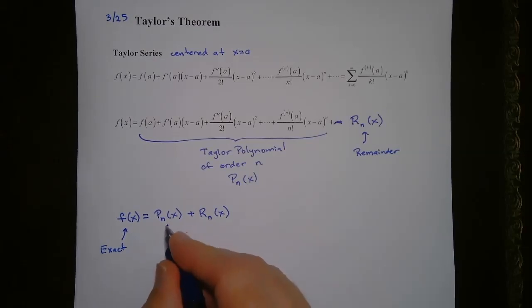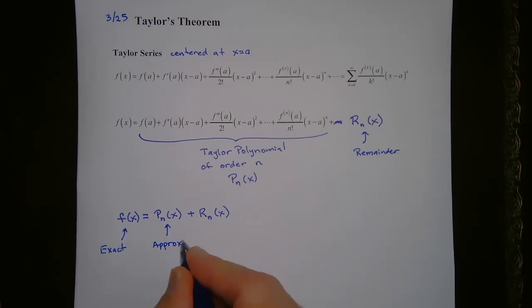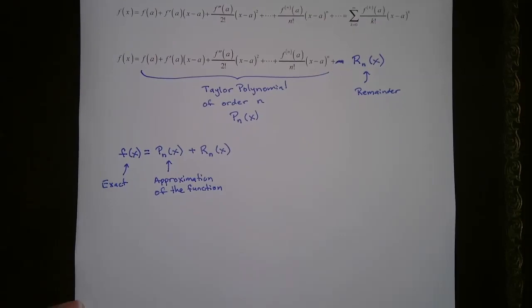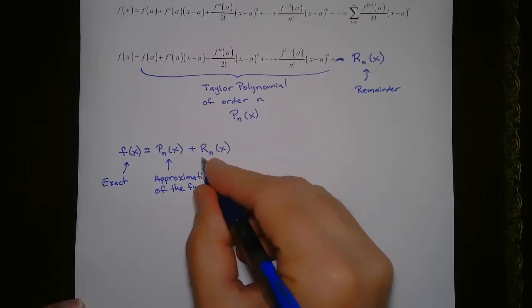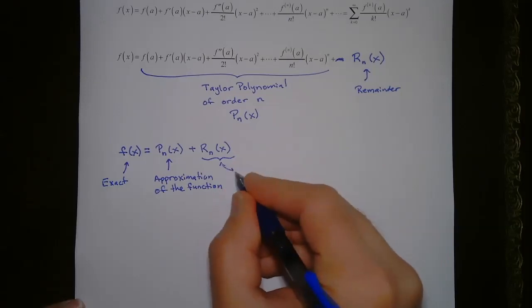This right here is an approximation of the function. And this part right here is the remainder.